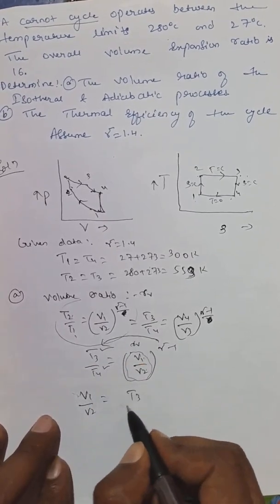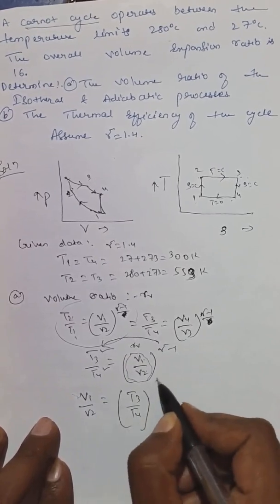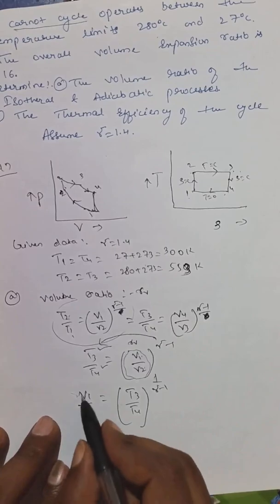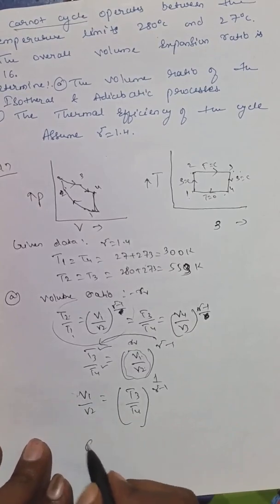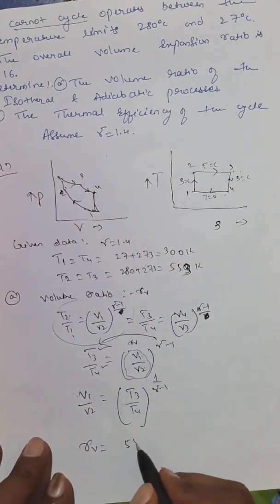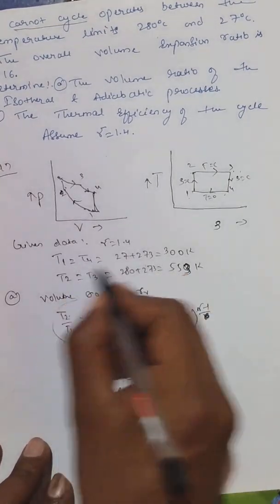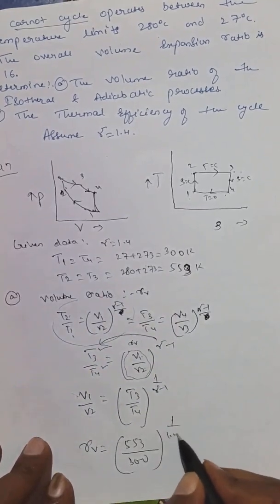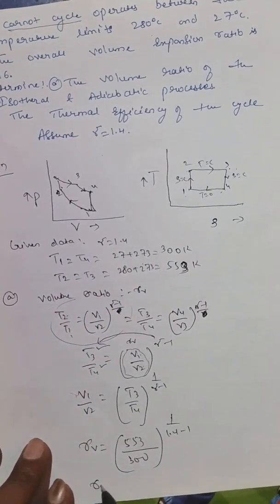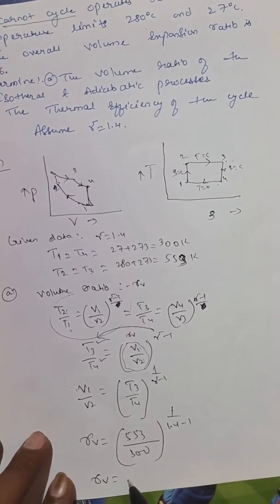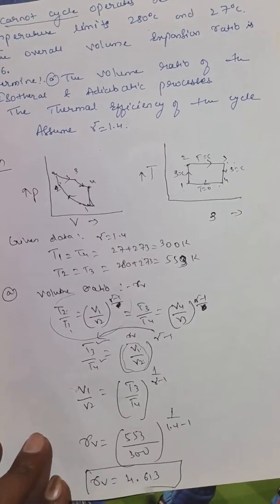The T3 by T4 will be in the power 1 divided by gamma minus 1. So RV is equal to 553 divided by 300 Kelvin to the power 1 divided by 1.4 minus 1. After calculation you will get RV as 4.613. This is the compression ratio. This is unitless.